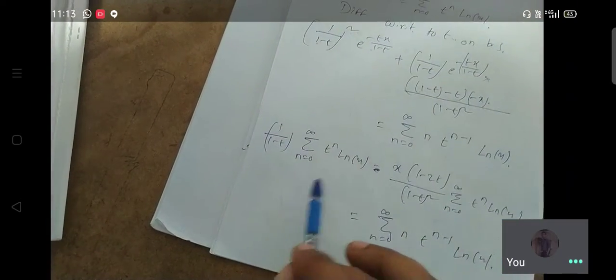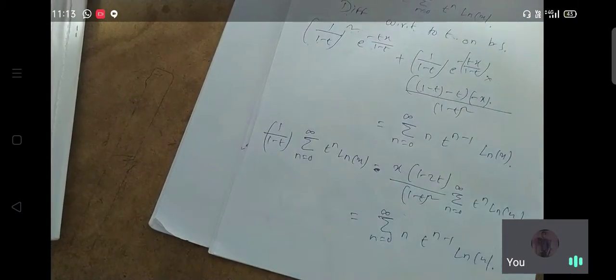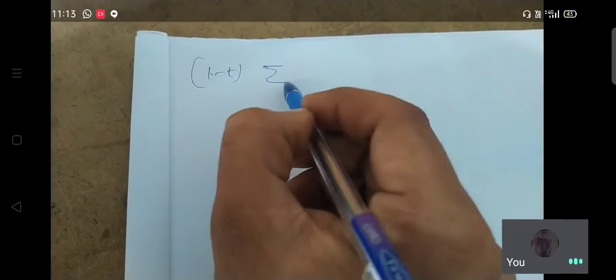So if you simplify this, take LCM and bring it to the right hand side.